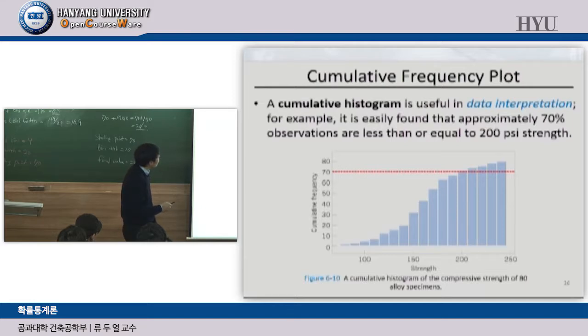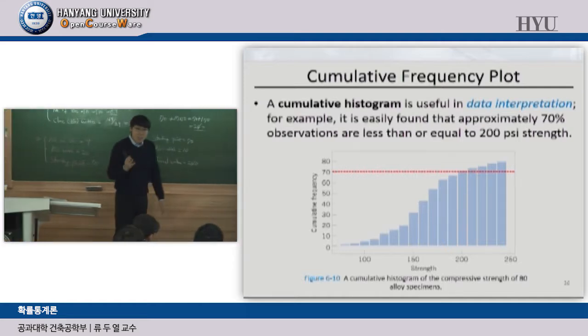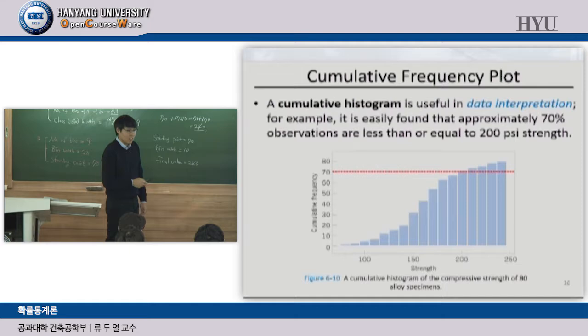So this kind of data interpretation can be done by using this cumulative histogram effectively. It depends on the engineer. If the engineer needs this kind of data analysis, they can simply draw the cumulative histogram and then they can make a decision. So this is about the cumulative histogram.